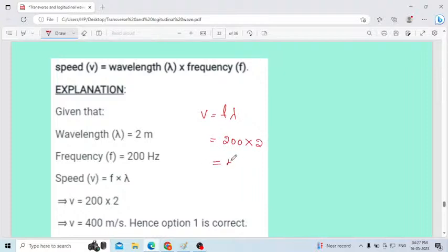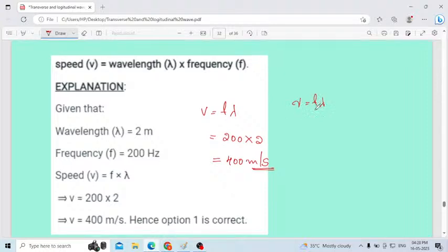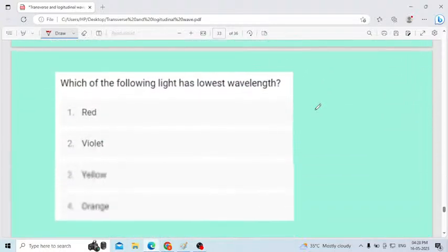Then the speed of sound is 400 meter per second. Hence option 1 is the correct answer. If you remember the formula, it is very easy. Even v or mu, both are the same.